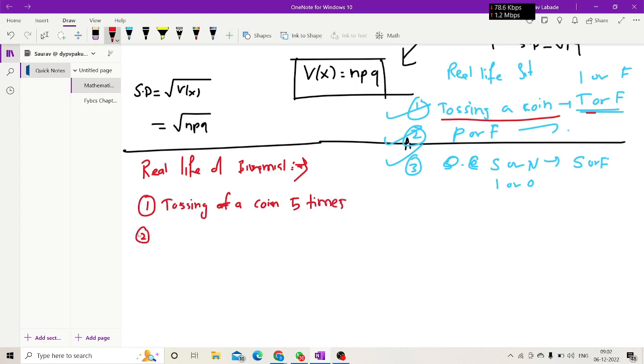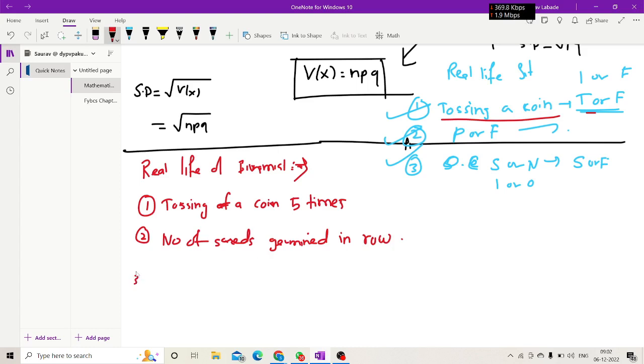Second, considering the number of seeds germinated in a row of n planted seeds. That will also be one real life situation of the binomial distribution.